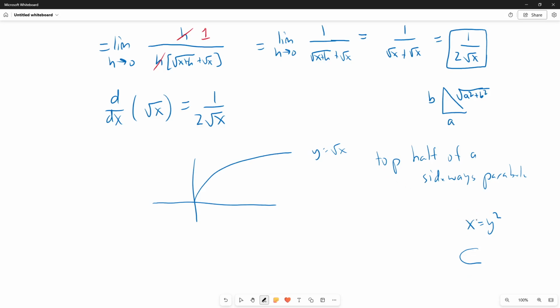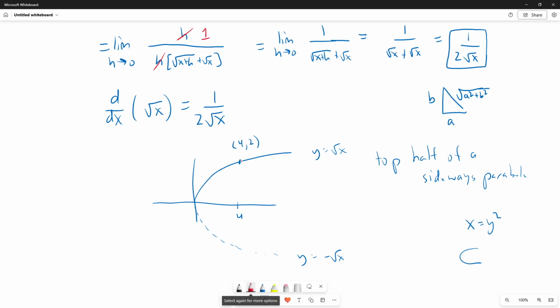If you take the positive square root of both sides, you get this. The other half is y equals negative square root of x. Okay, so the top half of this sideways parabola contains the point, if x is 4, then y is the square root of 4, which is 2. So there's the point 4 comma 2.